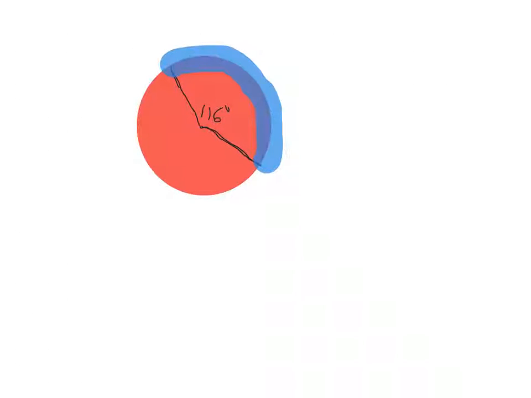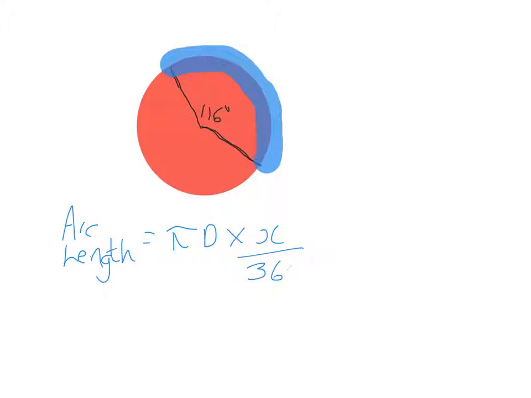So let's first have a look at our formula. So we've got arc length equals pi d times x over 360 degrees. So in order to do this question, I need to know what the diameter is. And let's imagine the question doesn't give me the diameter.